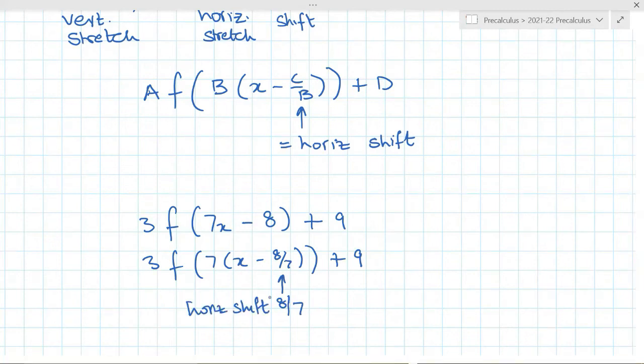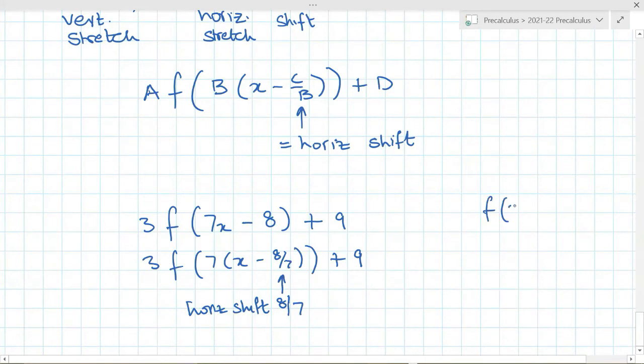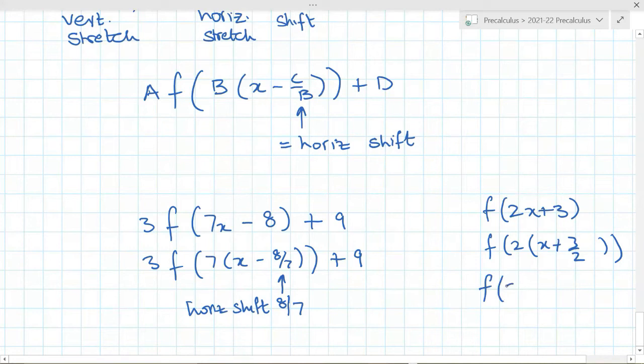So when it goes to the right, we take that as a positive shift. If it is, say, f of 2x plus 3, then this is f of 2 times x plus 3 over 2, but then I can rewrite it as x minus negative 3 over 2. So now the shift is negative 3 over 2. That means it went to the left.